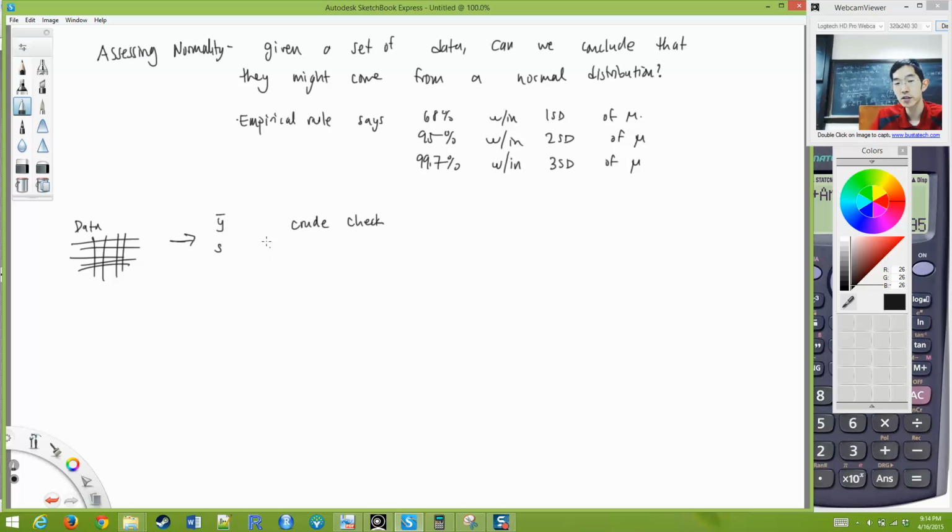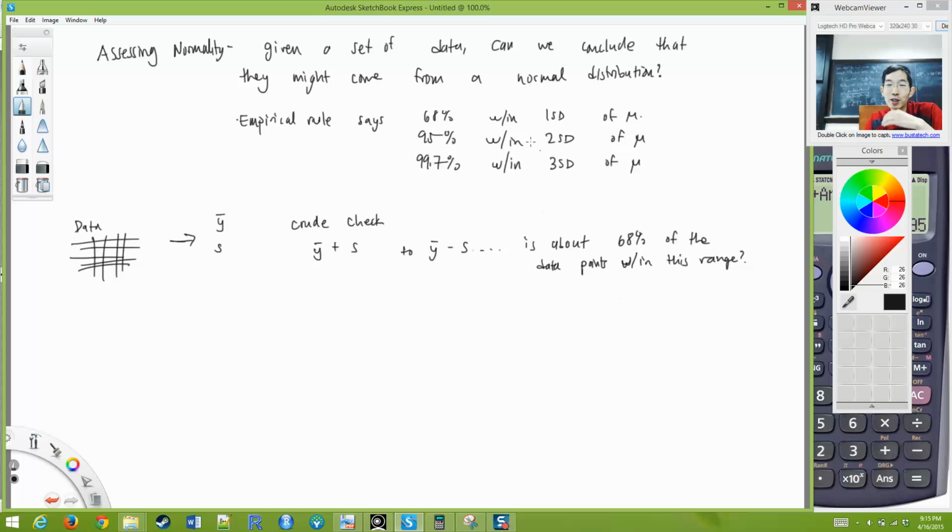and you just do y bar plus s and y bar minus s. And then you say, is about 68% of the data points within this range? And if the answer is kinda, then that seems good, right?